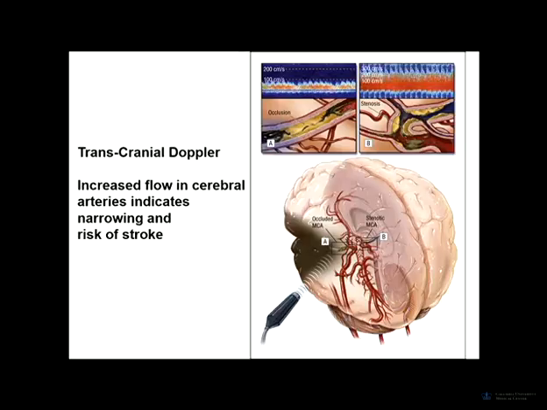So it was recognized that by doing transcranial Doppler, if you use a Doppler probe and look at the flow of these arteries around the circle of Willis, what happens is as the arteries become more stenotic, you have an increase in Doppler flow. So that with the narrower vessel, you have an increased flow. I guess that's Bernoulli's principle.